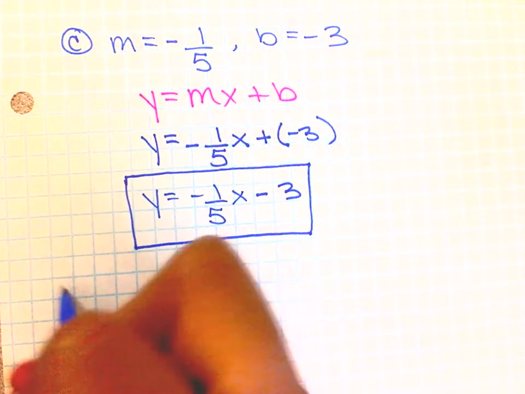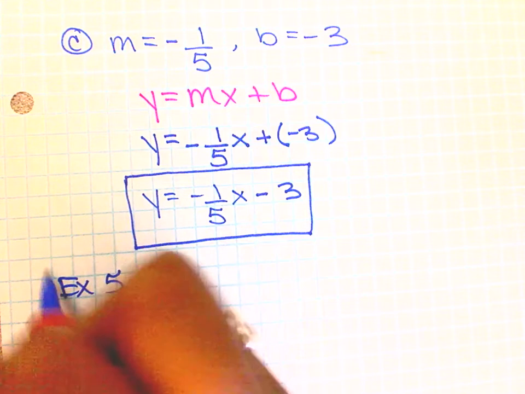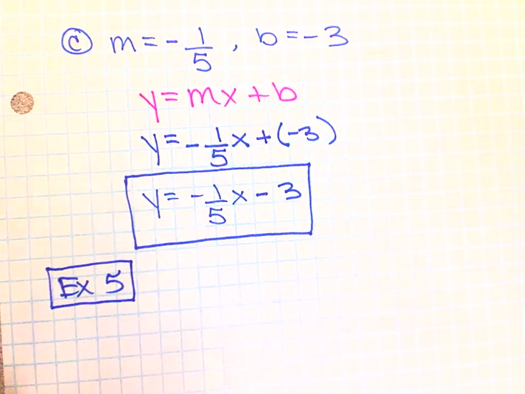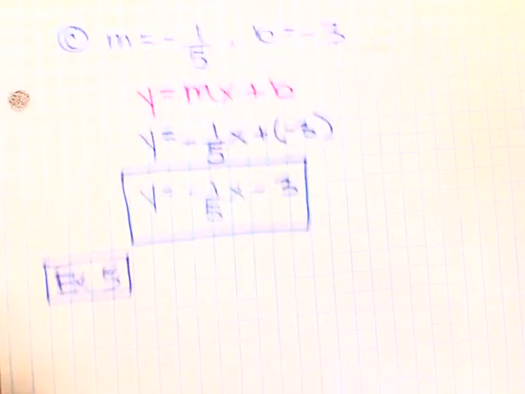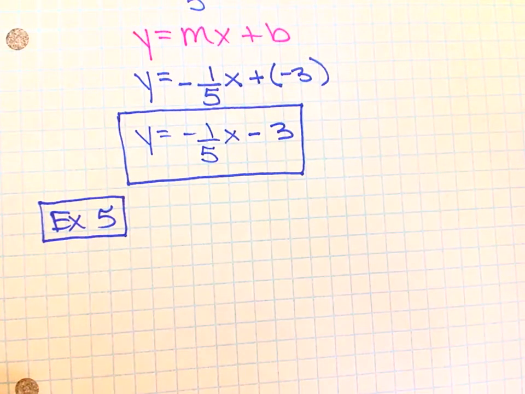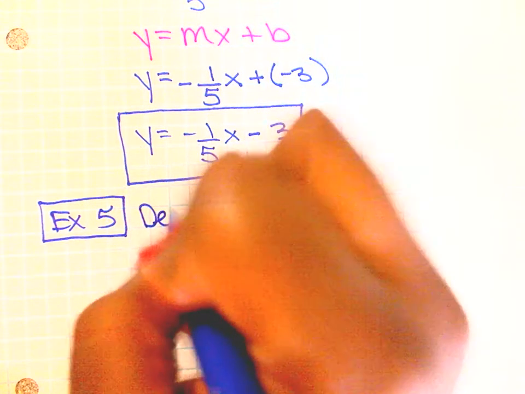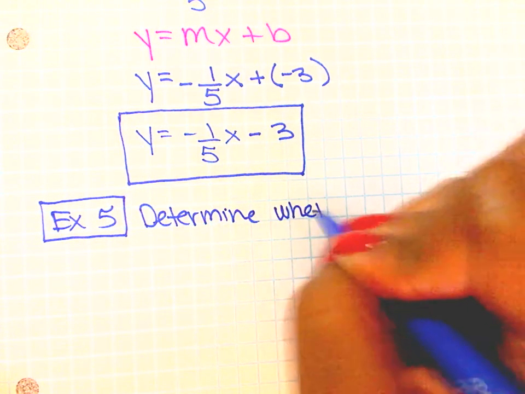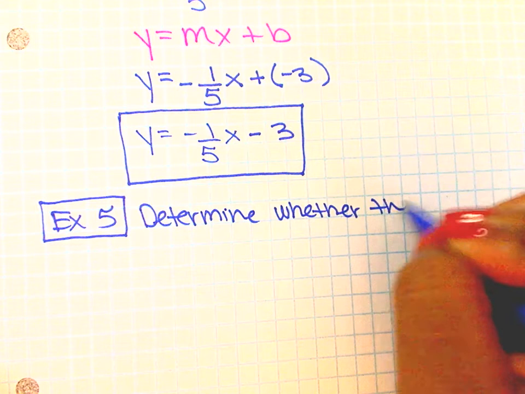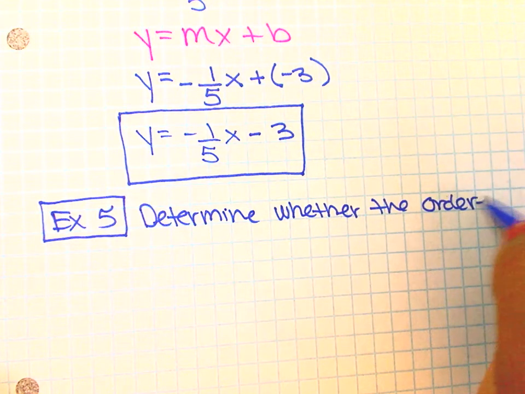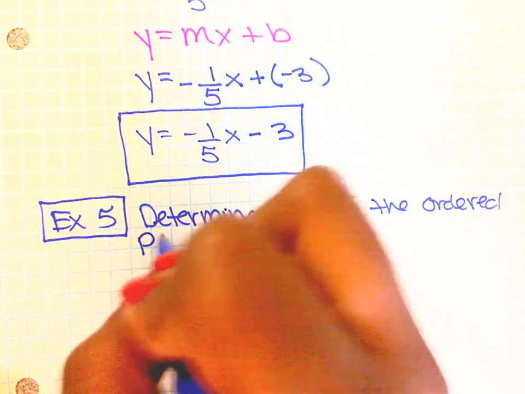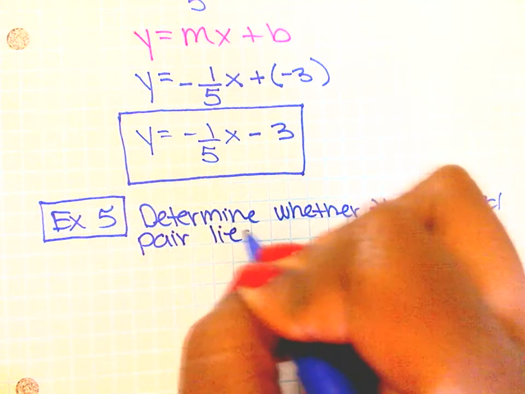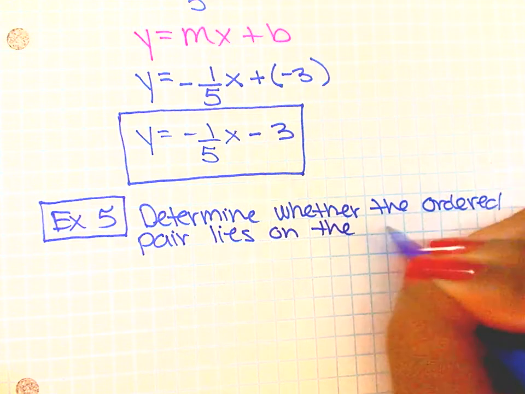All right, example 5. Perfect for a rainy day. We have a lot of math to do. Now this example says determine whether the ordered pair lies on the graph.